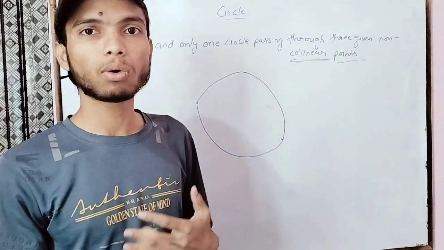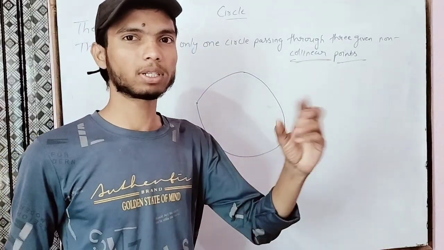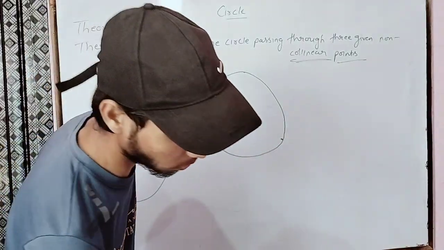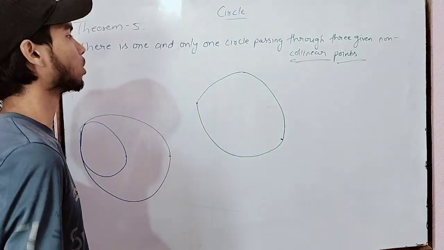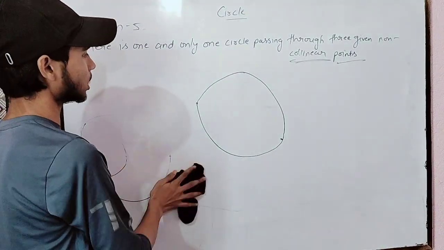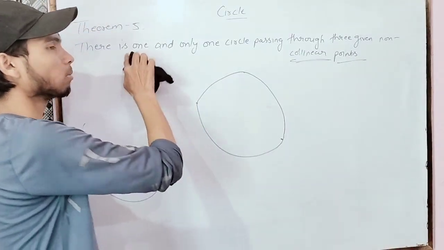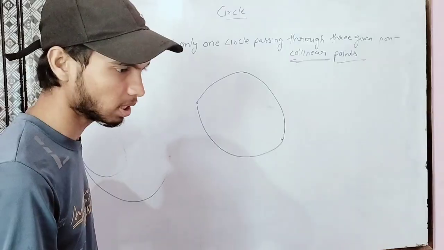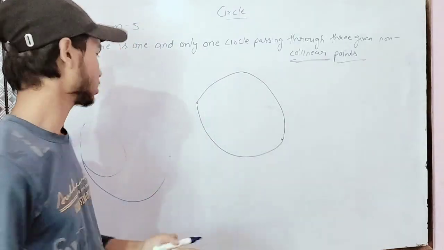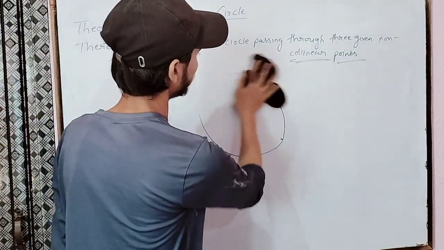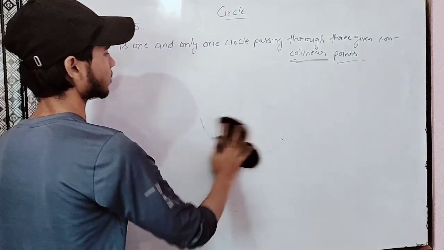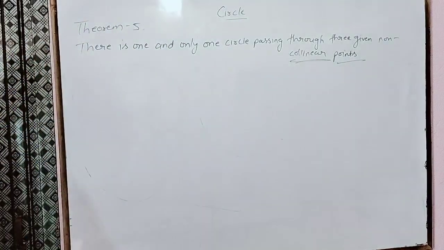But if there are non-collinear points, then a single circle can be drawn which will be passing through the given non-collinear points. Okay, this is a universal truth. A theorem is a statement, a universal truth. So this was what we understood.